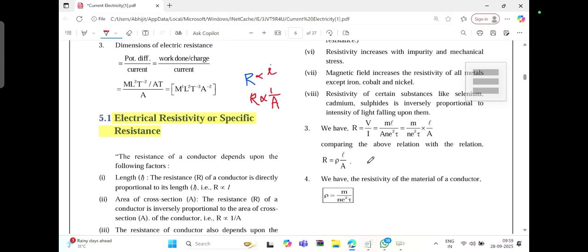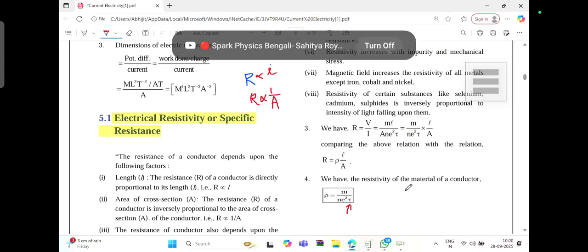The resistivity rho equals m by n e square tau. I have already told about this expression in our previous classes; two to three lectures were needed for this.